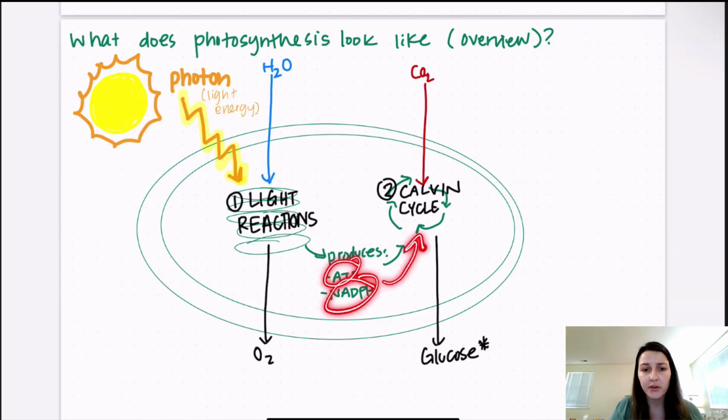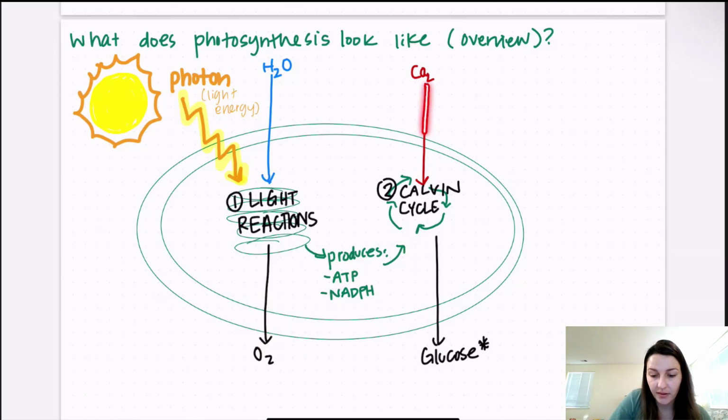A byproduct of the light reactions is oxygen, and that's super important because that's the air that we breathe. We exhale carbon dioxide, but that CO2 is actually used in step 2 of photosynthesis, called the Calvin cycle, which culminates in the production of glucose, and it's powered by ATP and NADPH.